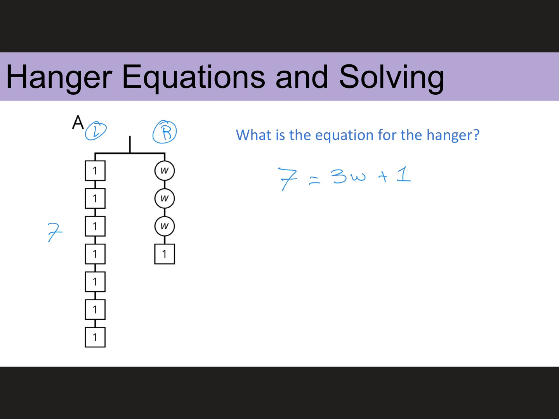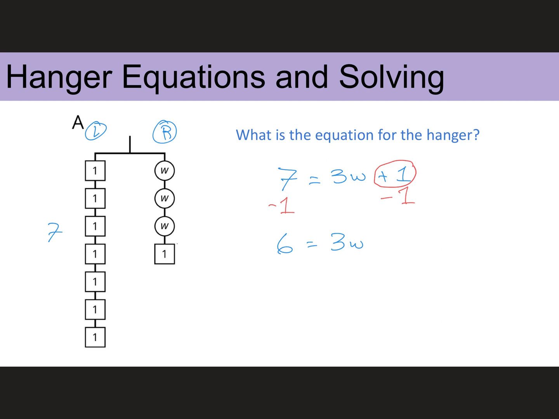Now, I'm going to use inverse operations. With inverse operations, the first thing I deal with is this plus 1. So how do I get rid of that plus 1? I subtract 1 from both sides. And what am I left with? 7 minus 1 equals 6. And on the right, I'm left with 3w.